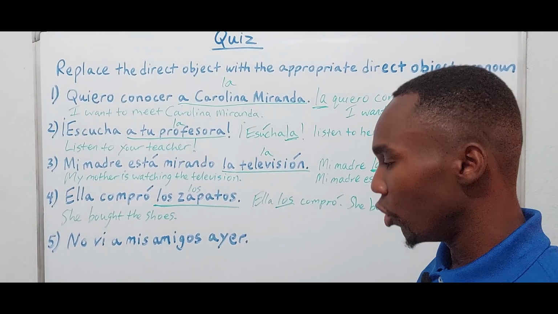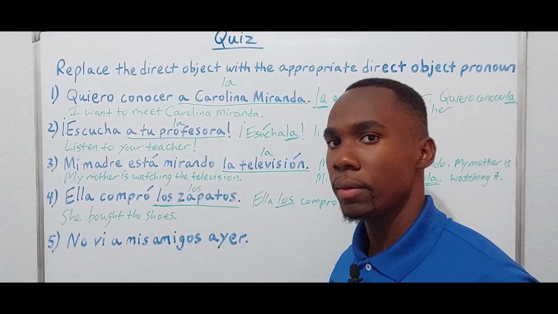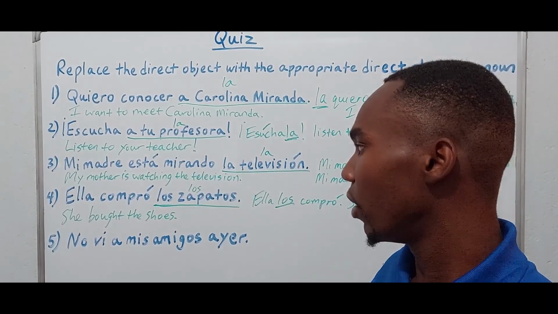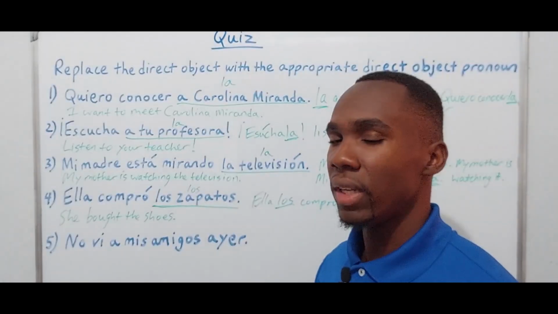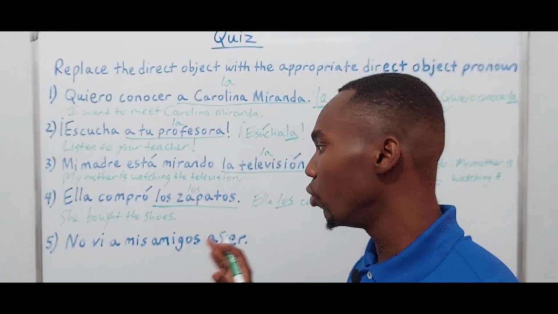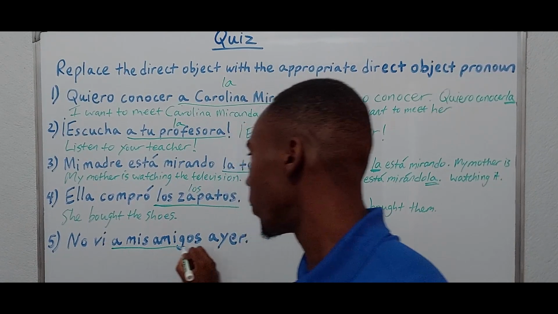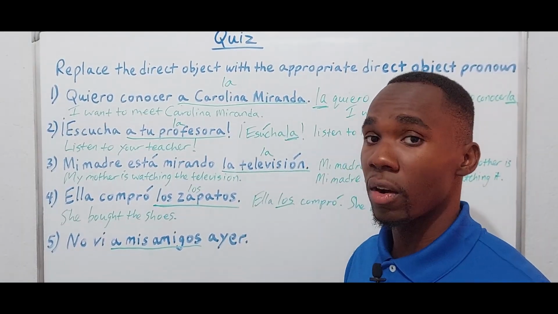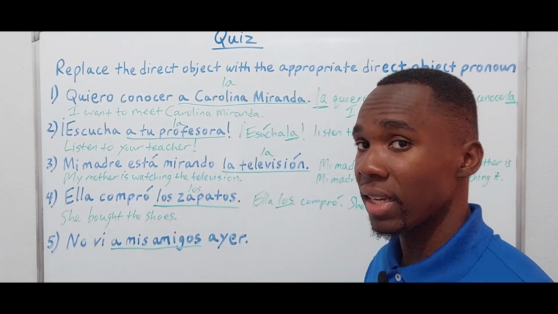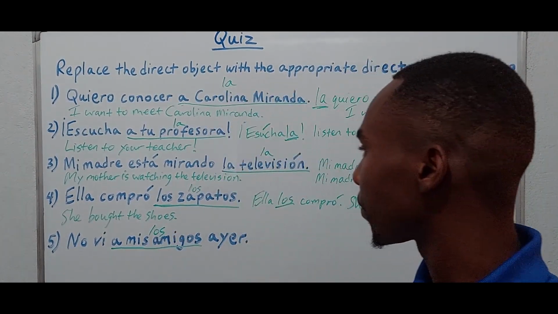5. No vi a mis amigos ayer. Right? I did not see my friends yesterday. So who did I not see? My friends. So a mis amigos. In this case, the friends are males, so it would be los, right?